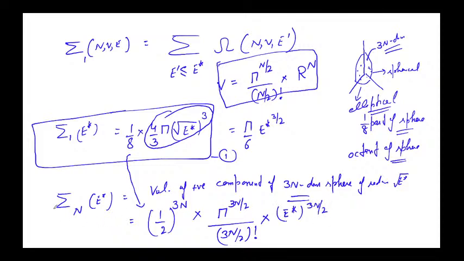This is the equation for the 3N dimensional sphere of particles present in radius square root of E star. Now we can solve this equation.